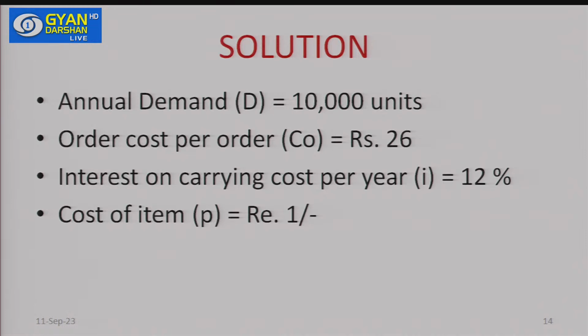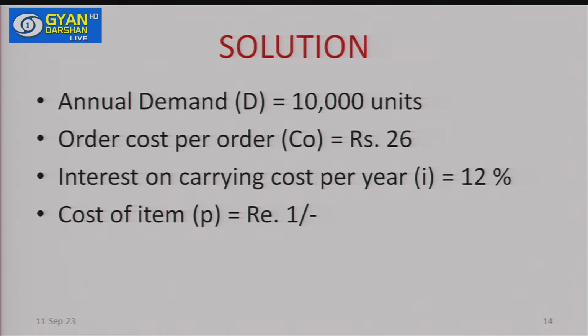Now, first we will see what inputs we have. The first input is the annual demand, that is 10,000, denoted by D. Ordering cost is denoted by C subscript O, that is rupees 26.